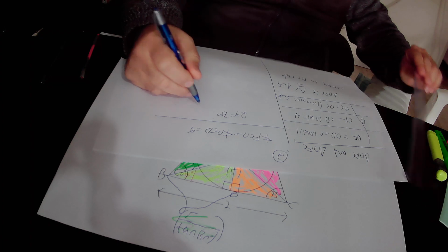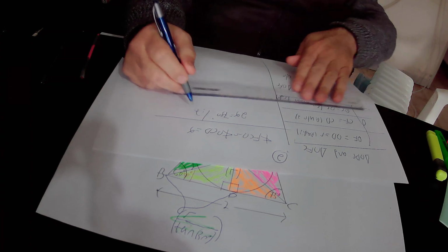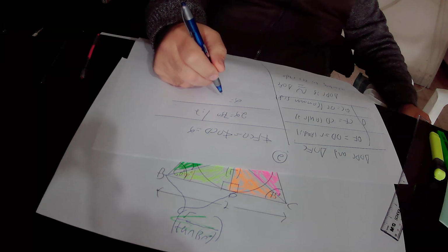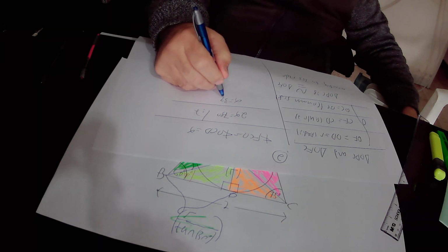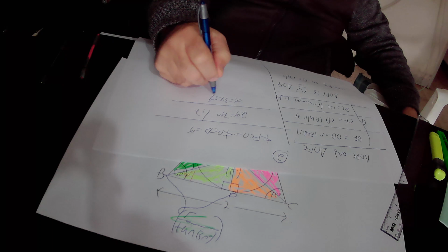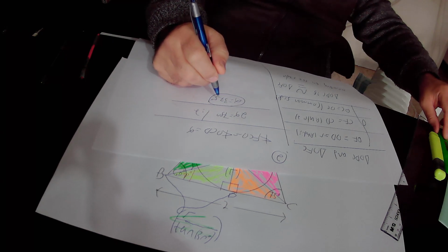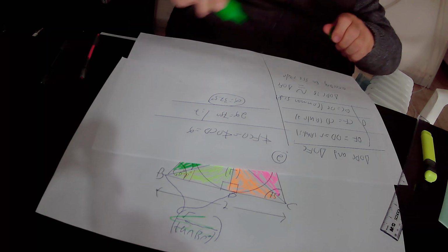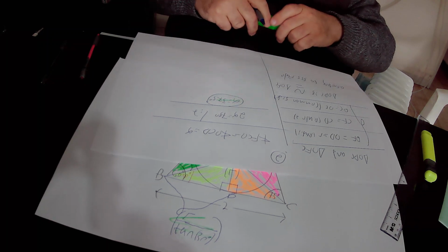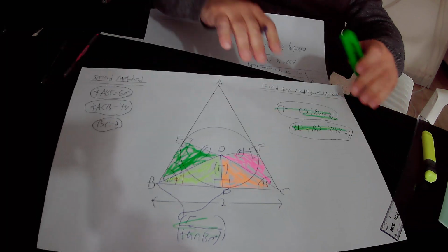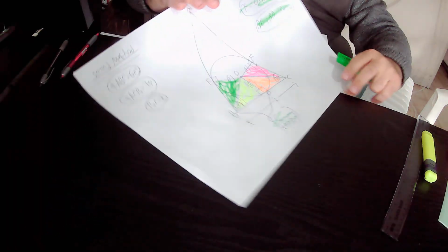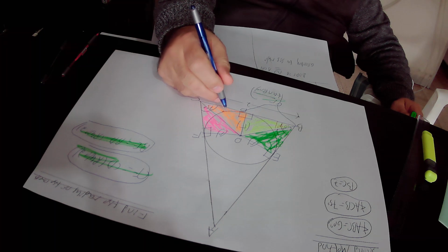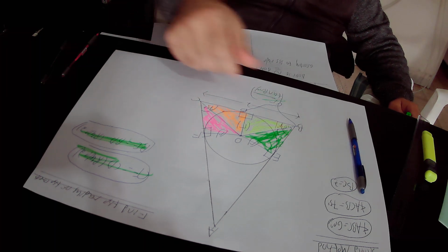We divide this equation by 2, and finally we get that alpha equals 75 over 2, which is 37.5 degrees.